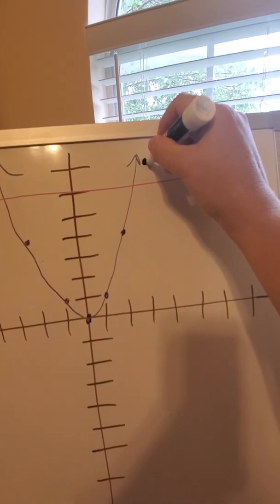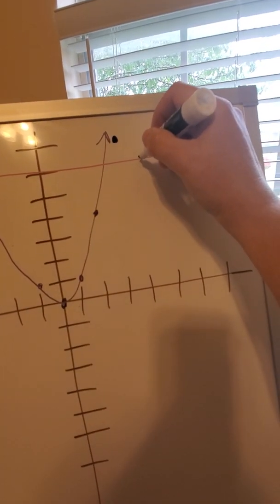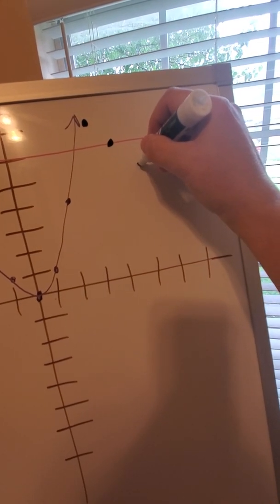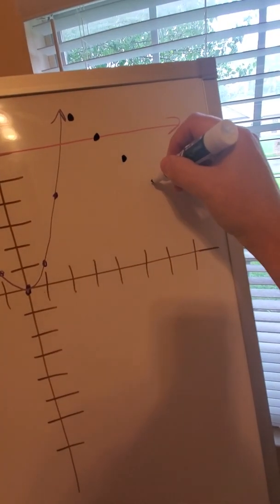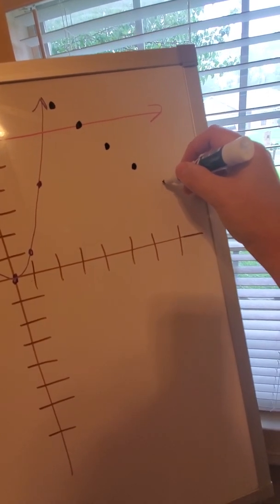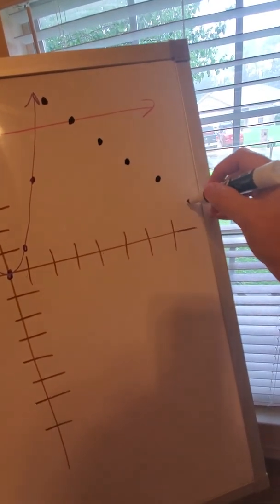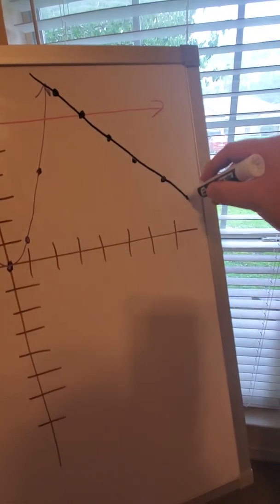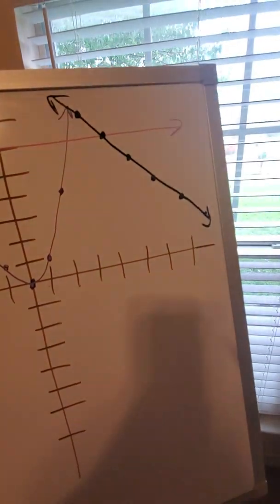Then 4, 6, 5, 5, 6, 4, 7, 3, and so on. So it's a straight line. Here are all 3 graphs.